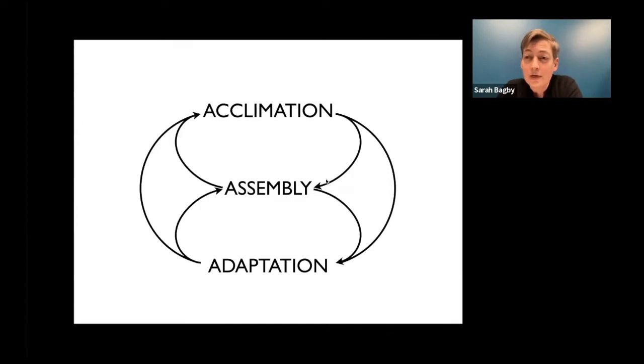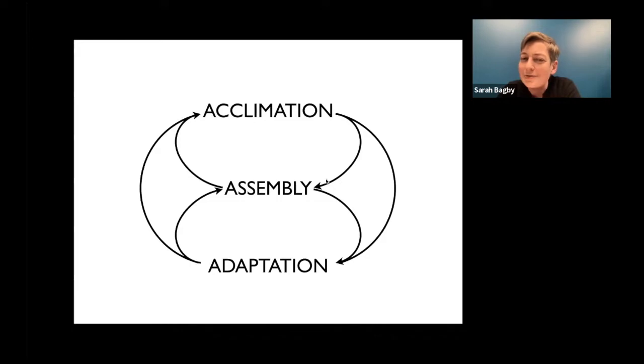The really tricky thing is that they all feed into each other. If you acclimate successfully to some new change, you might have a better shot of making up a larger fraction of the community. You might be a winner in assembly. The particular collection of microbes that have assembled are going to determine what is the set of tools that are being passed around and shared. Which are the viruses that are successful and that are therefore then going to be inserting their DNA.